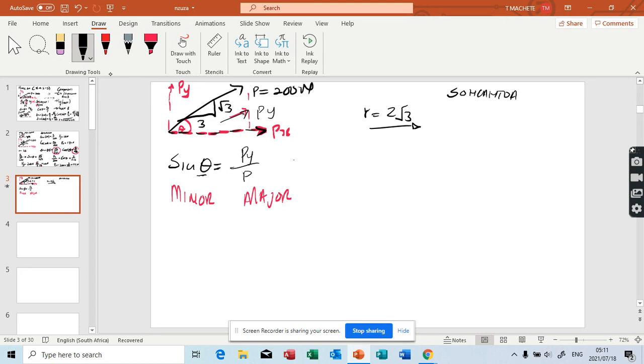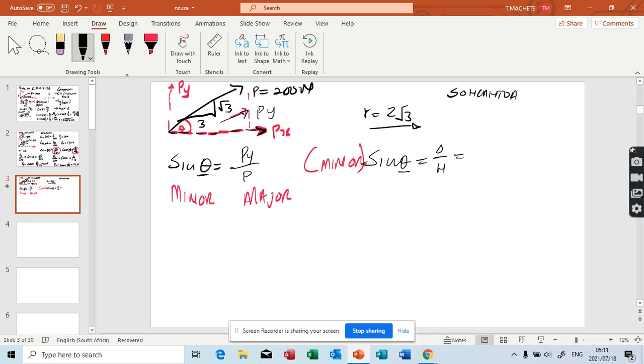Remember, we're given that sine theta. But in this case, we're not given angle theta. So instead of writing sine theta, remember, this is your minor right angle triangle, the left hand side. You're going to use those values of the minor, because we are not given that theta. I mean, you're going to say opposite over hypotenuse, which is, what is your opposite for your minor right angle triangle?